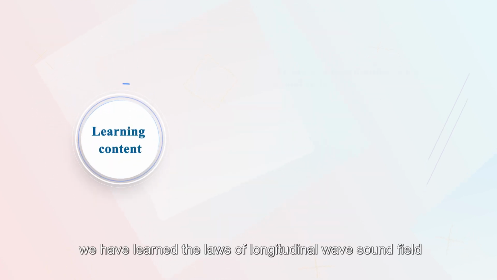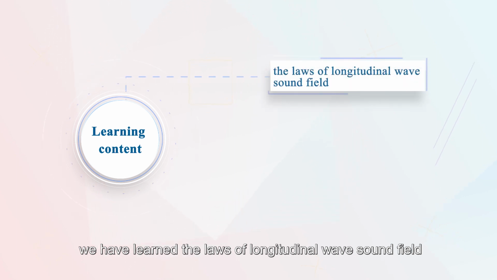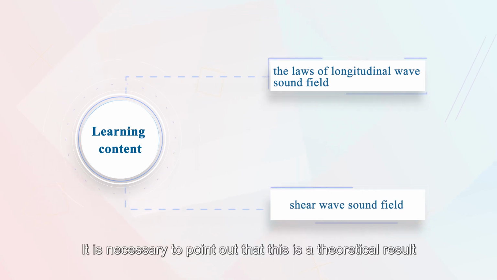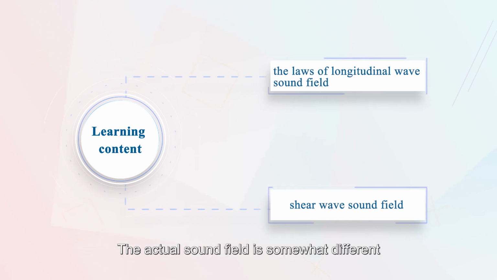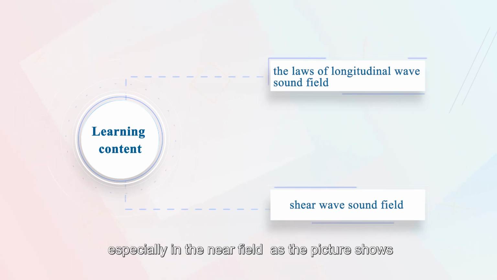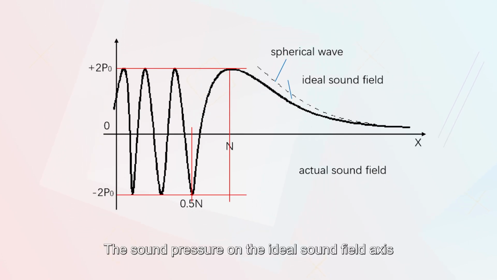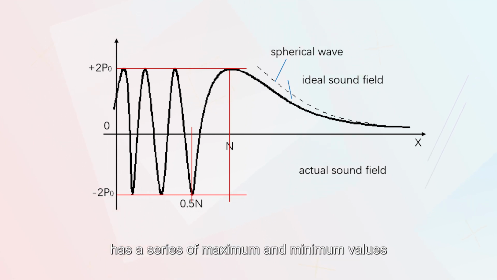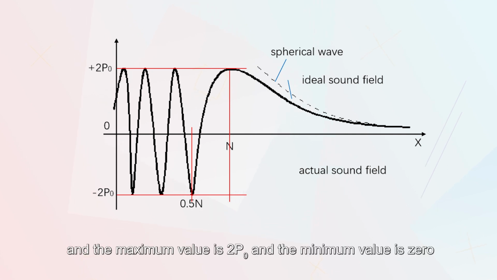Till today, we have learned the laws of the longitudinal wave sound field and shear wave sound field. It is necessary to point out that this is a theoretical result. The actual sound field is somewhat different from the theoretical sound field, especially in the near field, as the picture shows. The sound pressure on the ideal sound field axis has a series of maximum and minimum values, and the maximum value is 2.0 and the minimum value is 0.